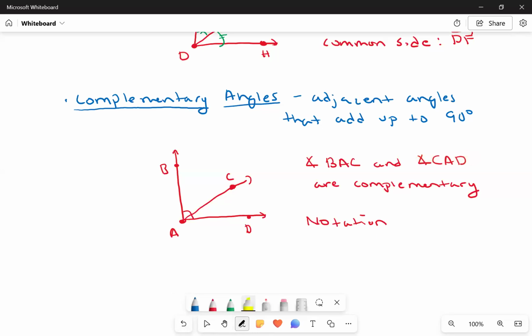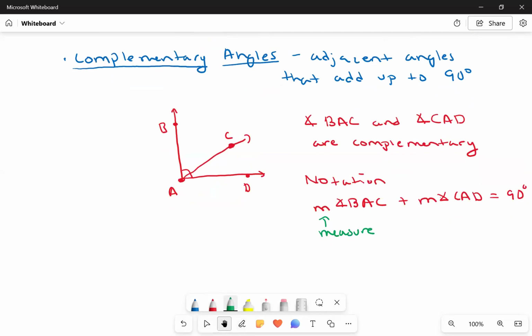And in that case, for the measure of the angle, we use this M to represent that. So the measure of angle BAC, whatever that measurement is in degrees. Sorry, let me fix that. The measure of angle BAC plus the measure of angle CAD equals 90 degrees. So that's the mathematical way we can write it with the correct notation. That M in front means measure. And for us, we're talking about degrees.